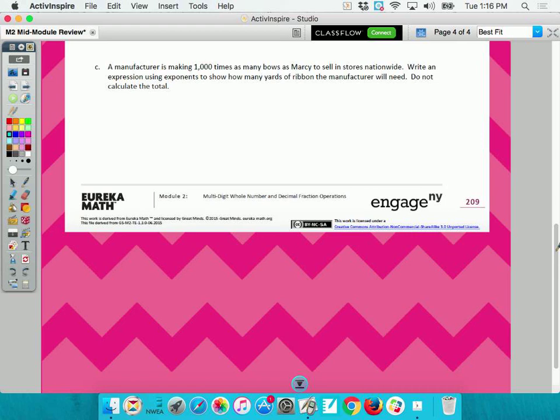Just read me the first line or the first sentence. Okay, so each bow requires 2.5 yards of ribbon. Don't forget that.